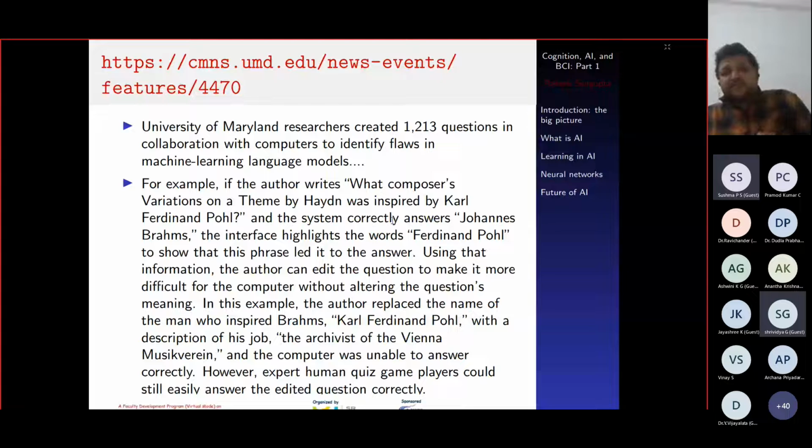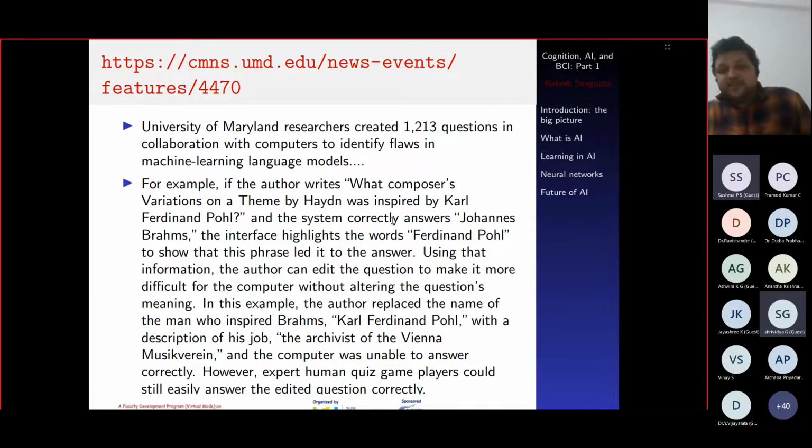So for instance, if the author writes, what composer's variation on a theme by Haydn was inspired by Carl Ferdinand Pohl, and the system correctly answers Brahms, the interface highlights the words Ferdinand Pohl to show that this phrase led to the answer. Now, using that information, the author can edit the question to make it more difficult for the computer without altering the question's meaning.